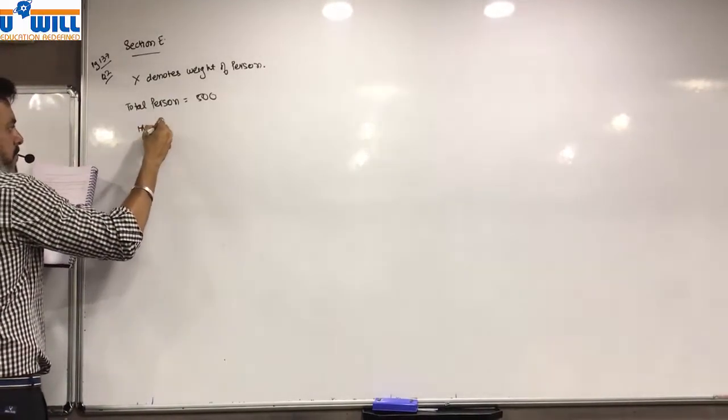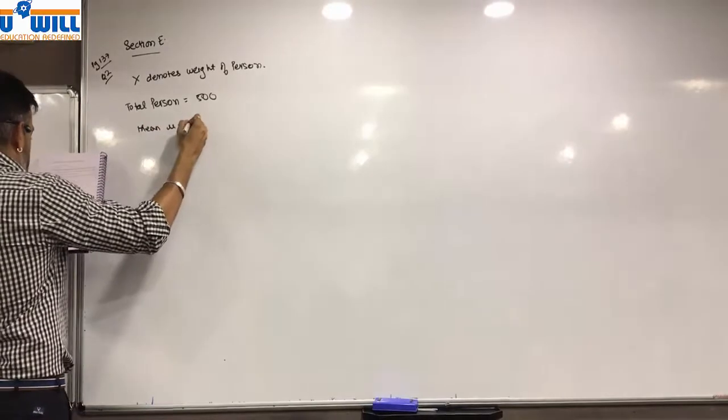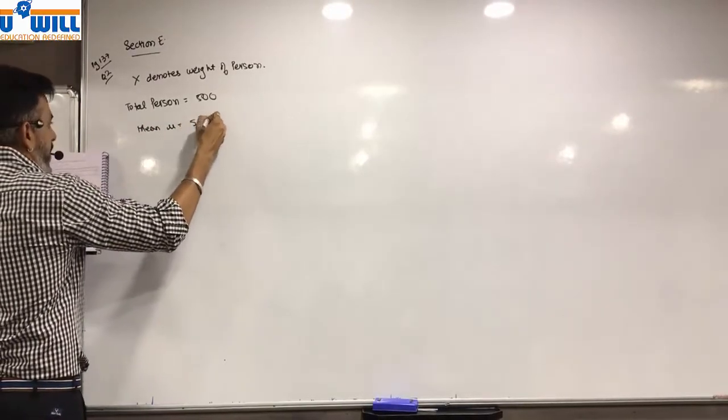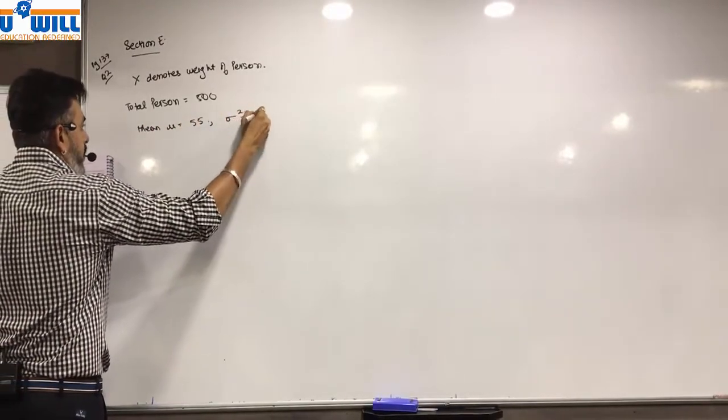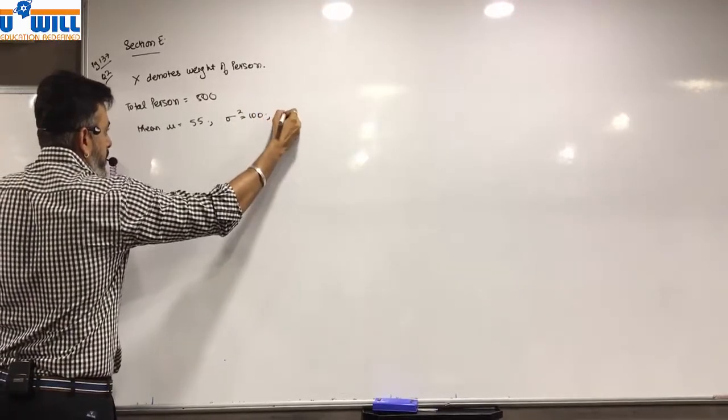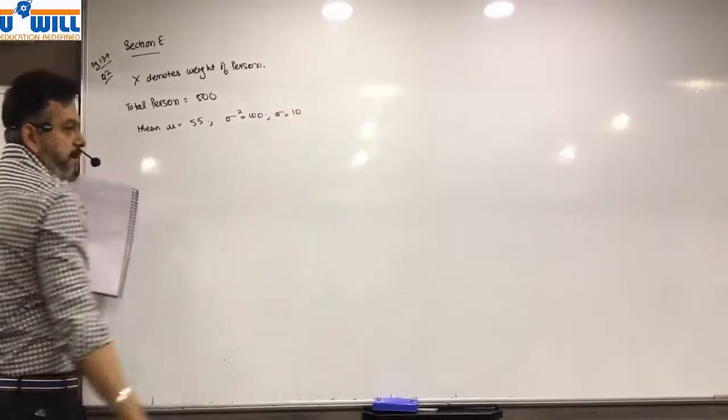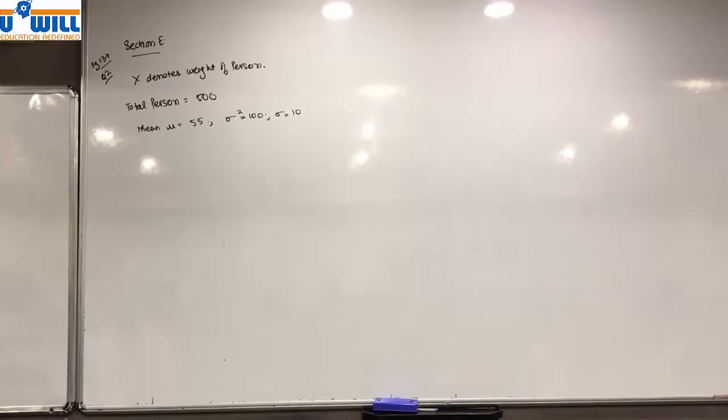Mean mu is equal to 55 and variance is equal to 100. Therefore, sigma, the standard deviation, is 10. Now we have to find the estimated number of various types of people: fat, healthy and physically weak. So first we'll find the probability of all the three, and then we'll find the estimated number of such people.